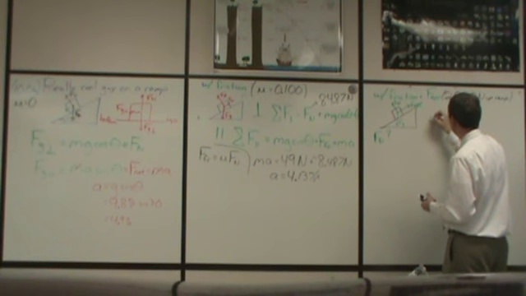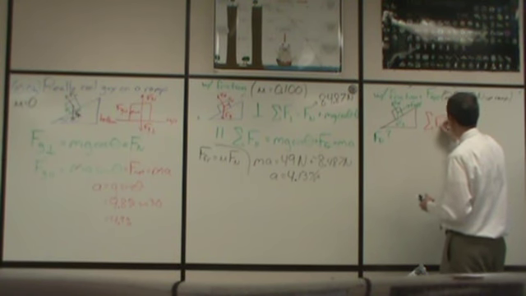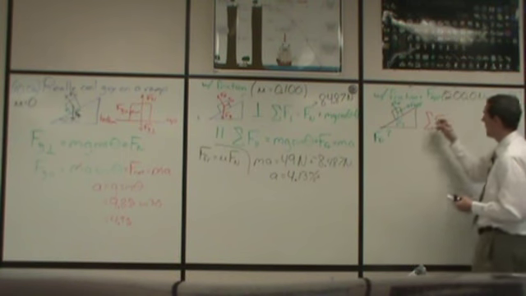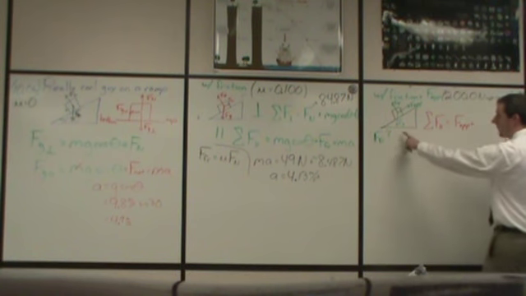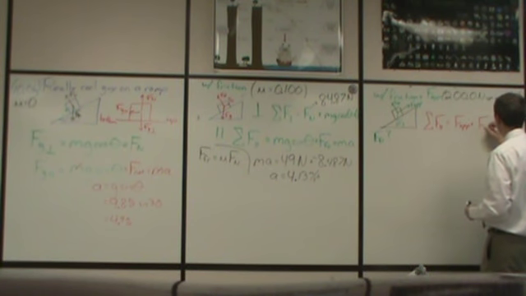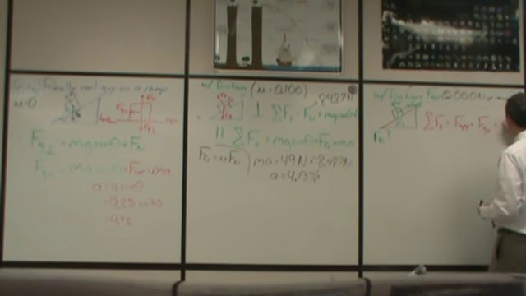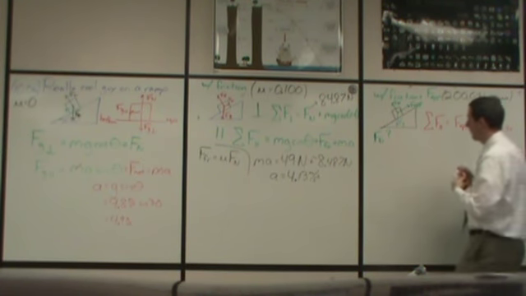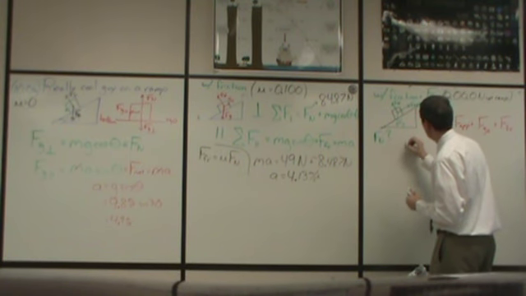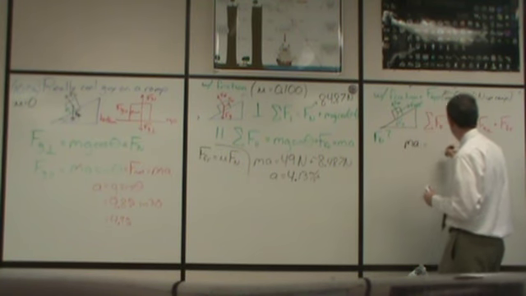If I add up all of my forces in the parallel direction, I'll have an applied force up the ramp, a gravity component down the ramp, force of gravity parallel, and then I have the potential for some friction. In order to really analyze what the friction is doing, I want to look at what these numbers are. These are going to add up to the net force, equal to my mass times acceleration.